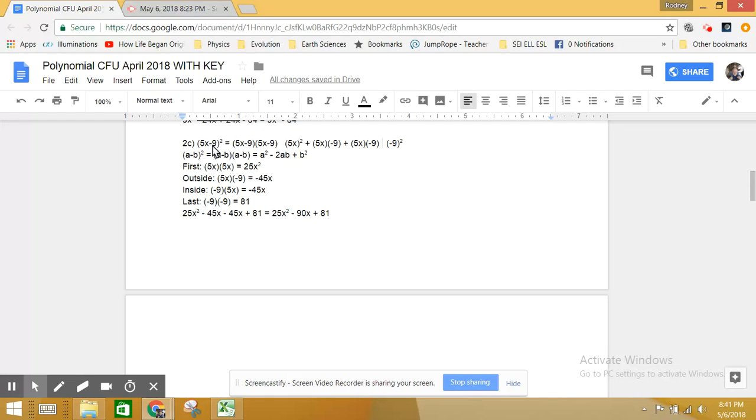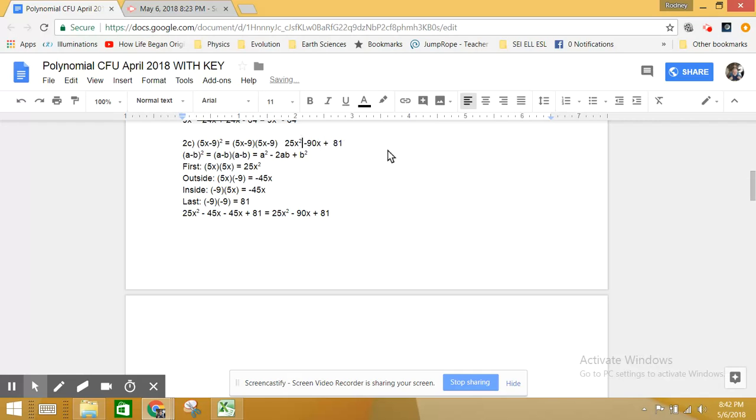Okay, so I've got those. And once I've sorted all of that out, this 5x squared is 5 times 5 times x times x. So that's going to be 25x squared. This is going to be a negative 45x. This is also going to be a negative 45x. So those are going to come together. This negative 9 squared is 81. So this comes together as negative 90x.